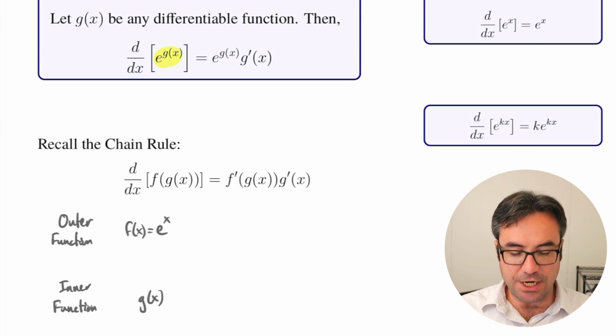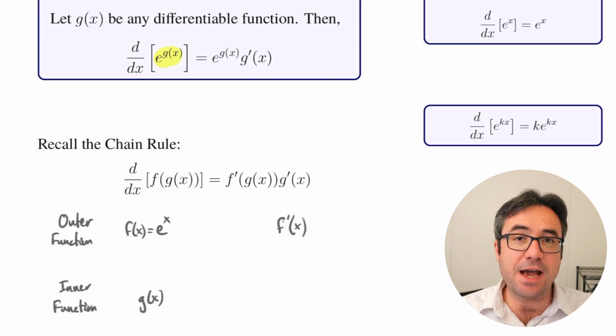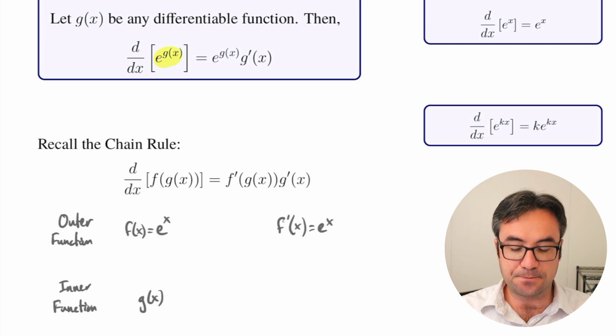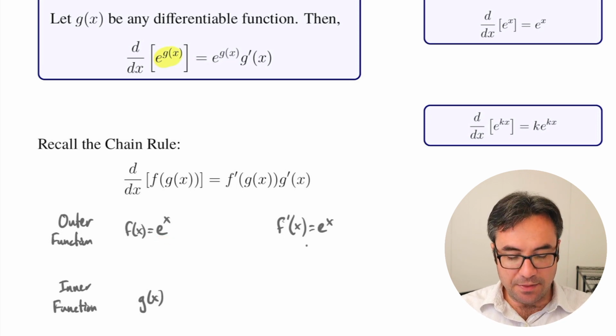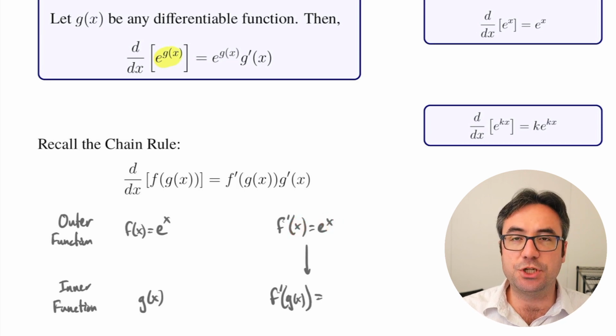Let's differentiate to get f prime. If our outer function is just e to the x, the derivative of that is also just e to the x. And then let's plug in our inner function.